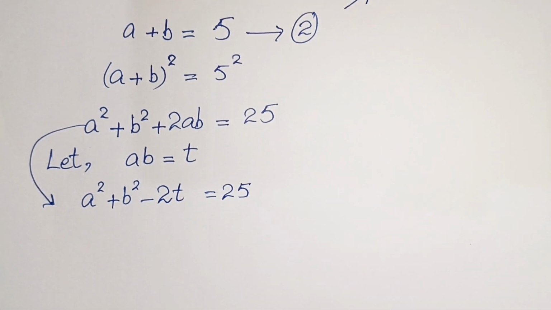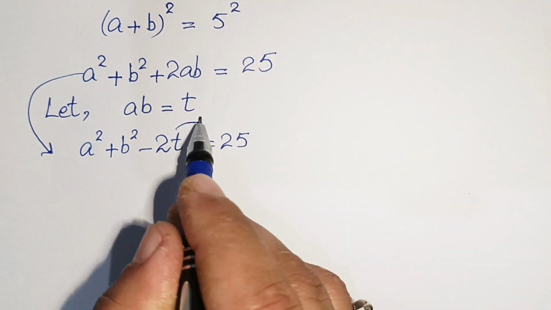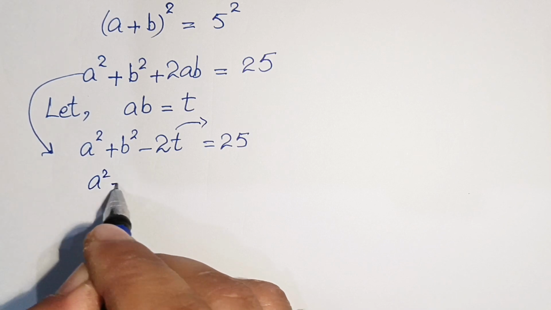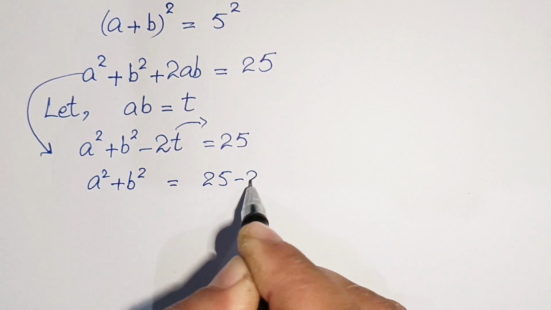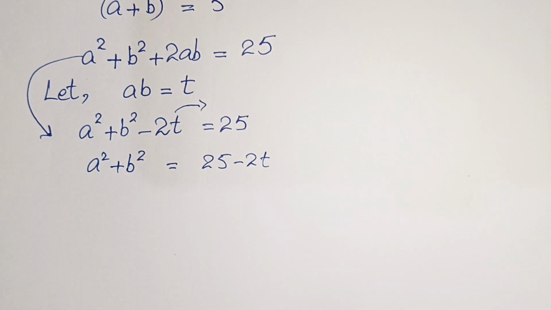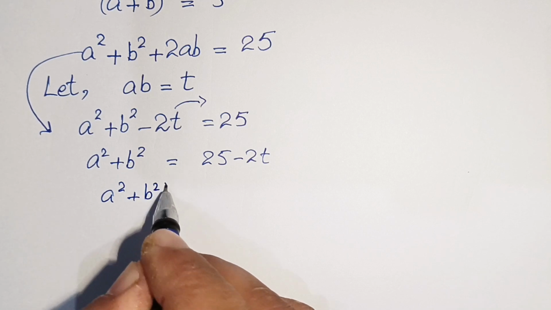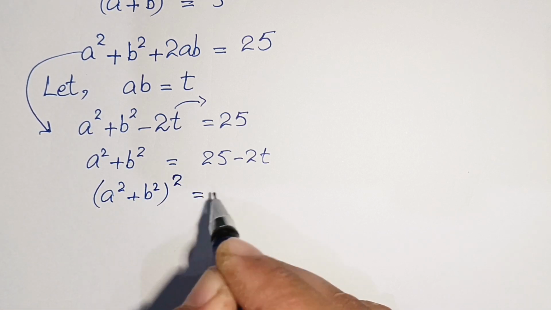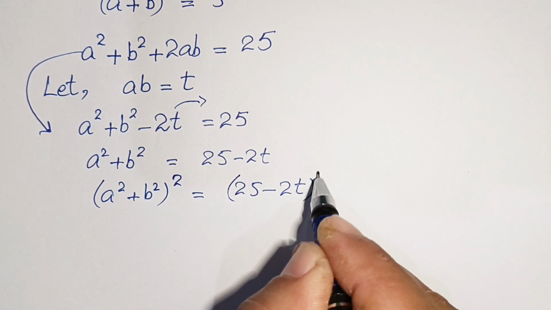Shifting this to the right hand side, we get a squared plus b squared is equal to 25 minus 2t. Now squaring both sides, we get a squared plus b squared whole squared is equal to 25 minus 2t whole squared.